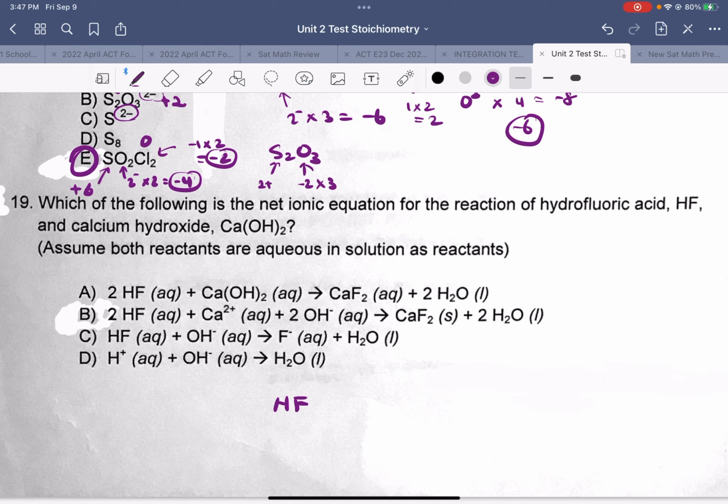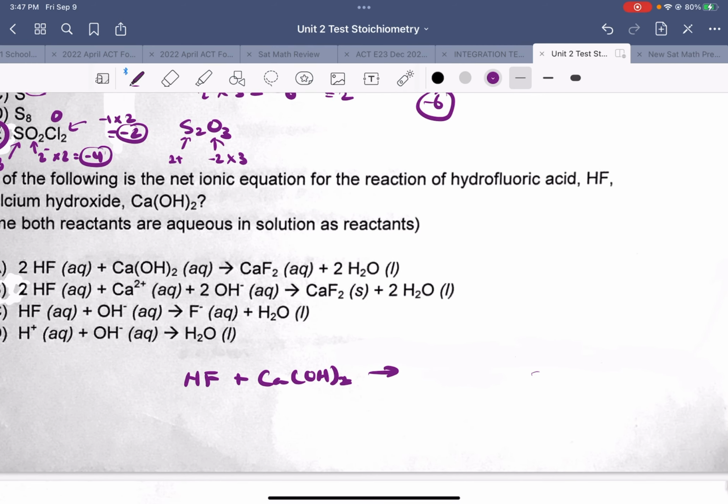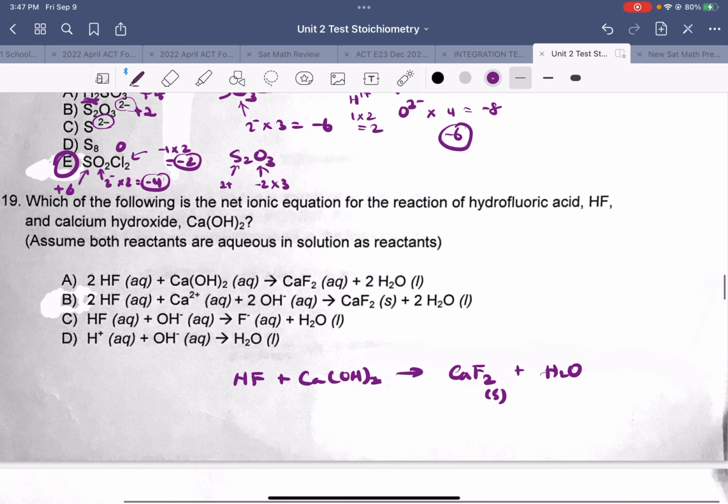Hydrofluoric acid plus Ca(OH)2. Then of course, this one is acid base. Then you're gonna have water, H2O, right? And then CaF, right? But Ca is 2 plus, F 1 minus, so CaF2 you're gonna need. So this one is a precipitate you're gonna have.